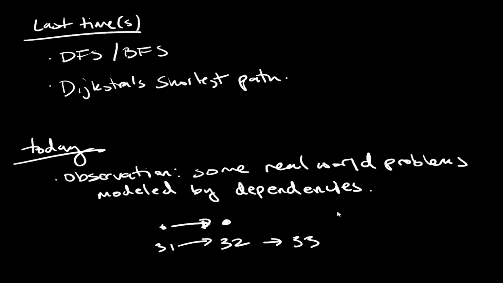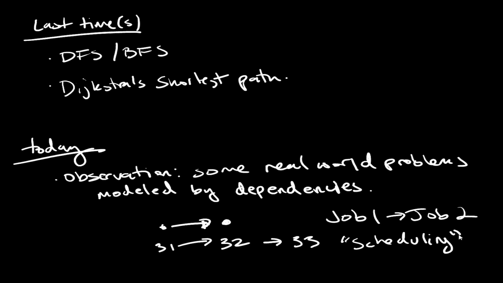Another thing that's commonly used here is jobs that you're going to execute, like tasks, if job 1 needs to be executed before job 2. For example, when you're washing dishes, you first have to wash them and then you can dry them. So scheduling, or job dependencies, is another way of looking at this.